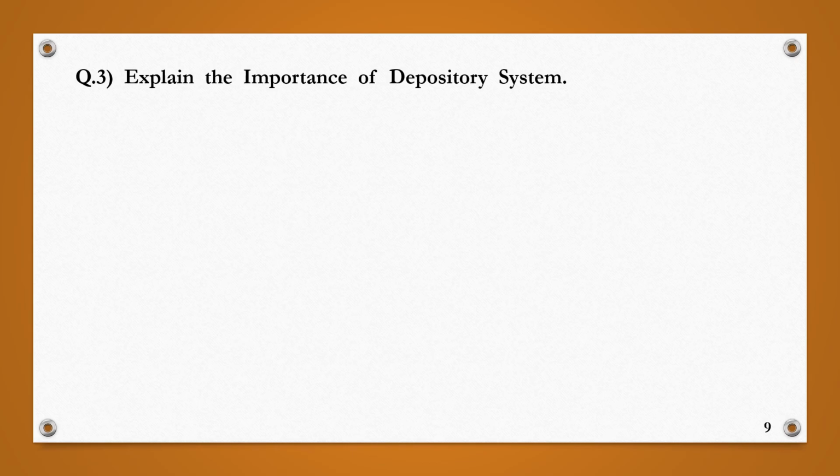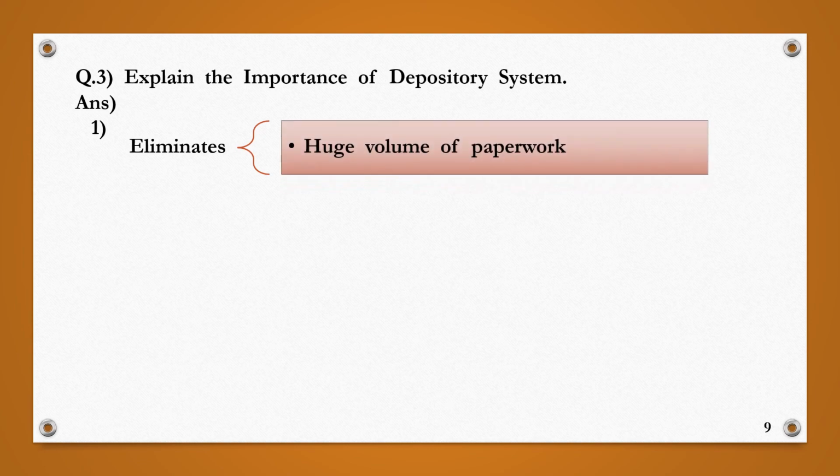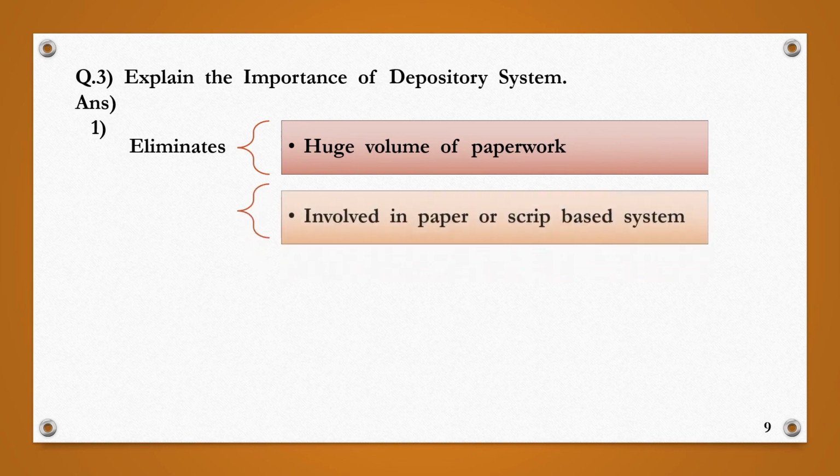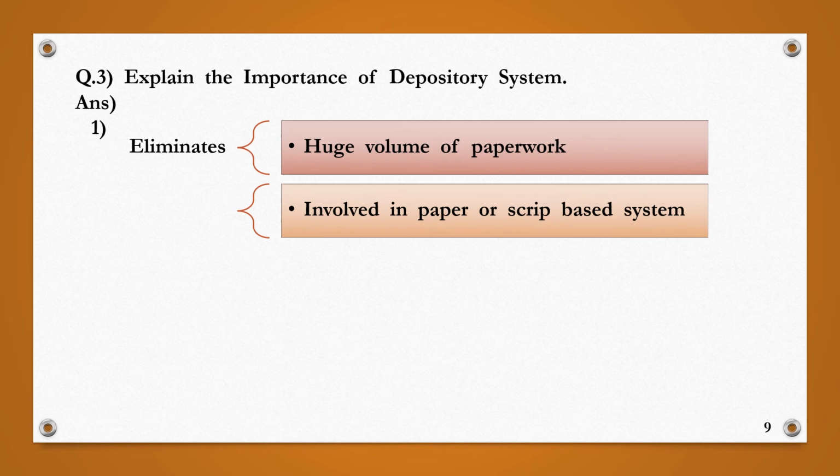So let us understand the same. Firstly, the main aim of the depository system is to eliminate or minimize the huge volume of paperwork which is involved in the paper or physical or script-based system. Thus, the depository system has contributed to a great extent in reducing the paperwork.